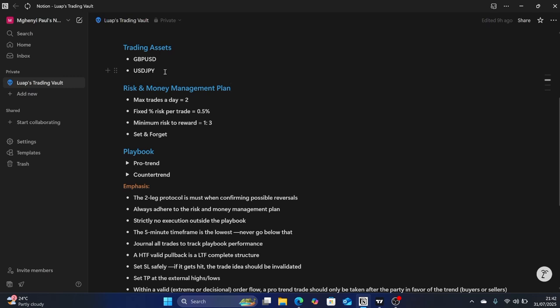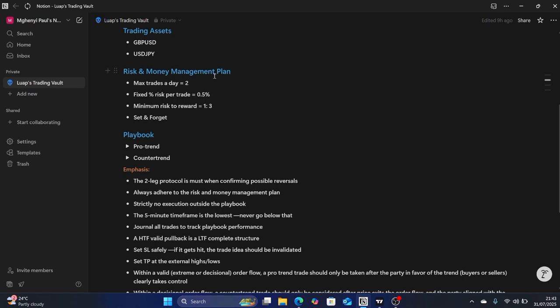When you see such an asset, you take the trend from there. This means you are not considering a predefined number of assets, so there's no need to include it in your workspace. But if you have 2 to 3 pairs that you mainly monitor, then you have to include them in your trading workspace. Then the risk and money management plan.